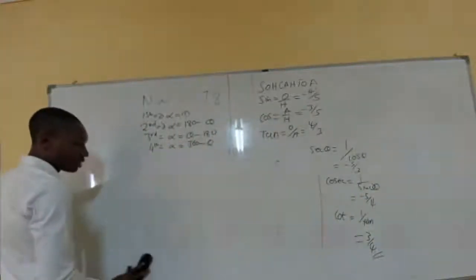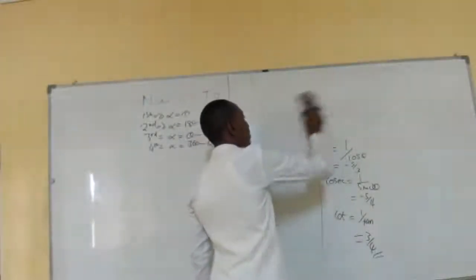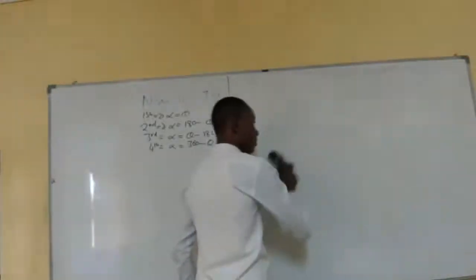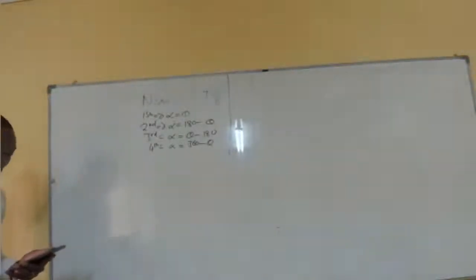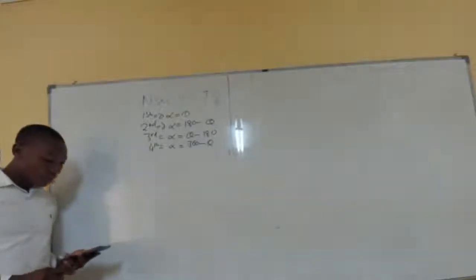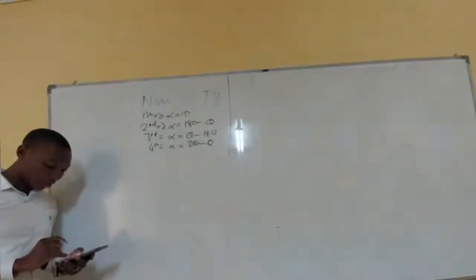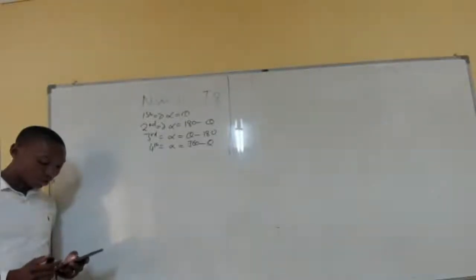Now let's look at the application of trigonometric identities. Simplify the given trigonometric expressions to a single trigonometric function or a constant. When I do question 6, I will not do question 7, because question 6 and question 7 are one and the same concept.